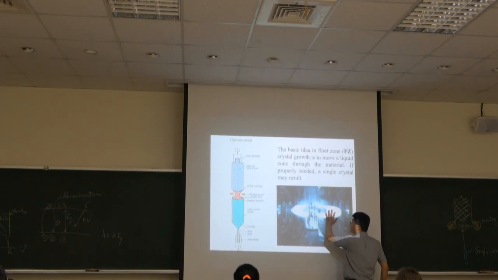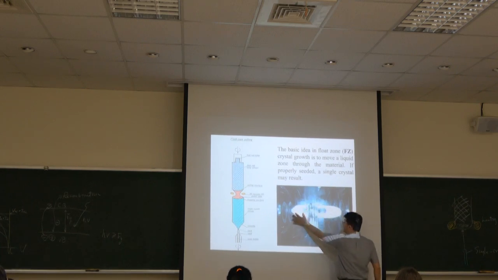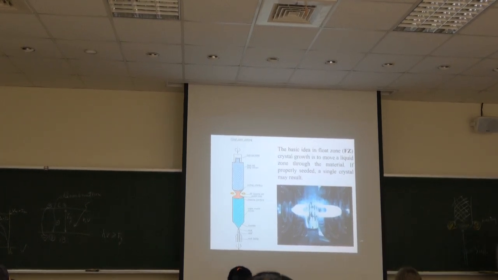Outside is a coil, and here is a liquid state, as you can see. There's a rotation. Whether you put the polycrystal on the top or the polycrystal on the bottom, it's also okay.